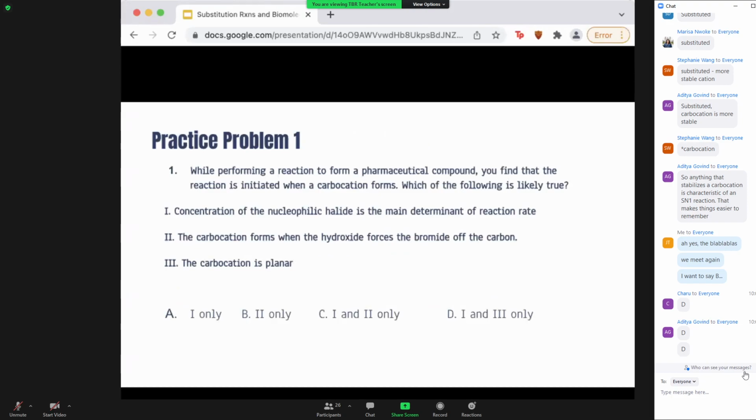So while performing a reaction to form a pharmaceutical compound, you find that the reaction is initiated when a carbocation forms. Which of the following is likely true? And then we have 1, 2, and 3 here, and all your answers. And I'll give you a couple minutes for this one.